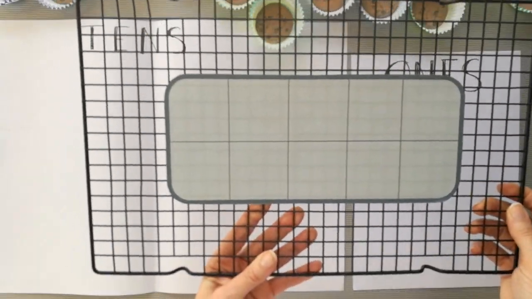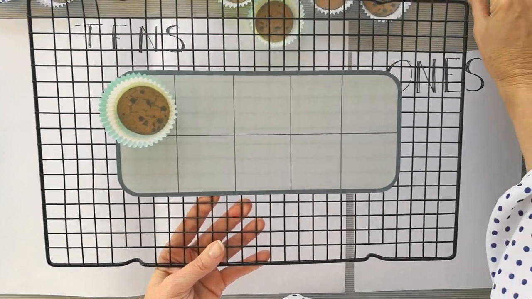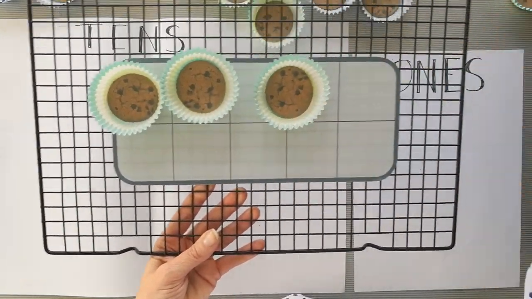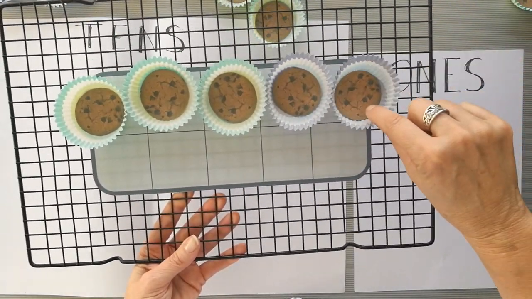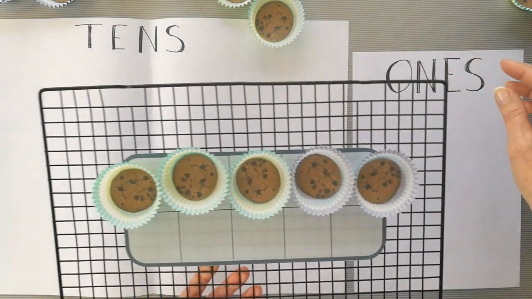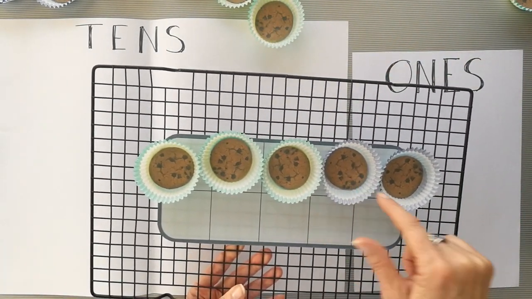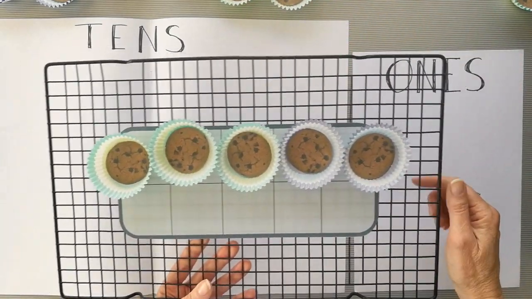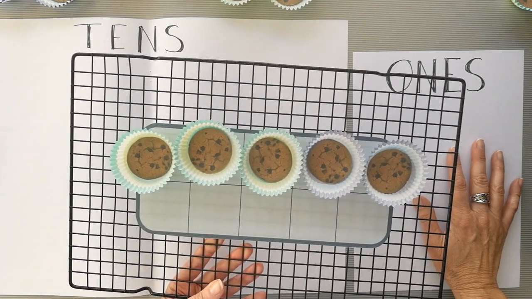So everyone, I'm going to place them all like I was ready to put them in the oven. Once I have filled up and they are all loaded, I have 2 areas that I could put my muffins in. I could put them in the tens, or I could put them in the ones.